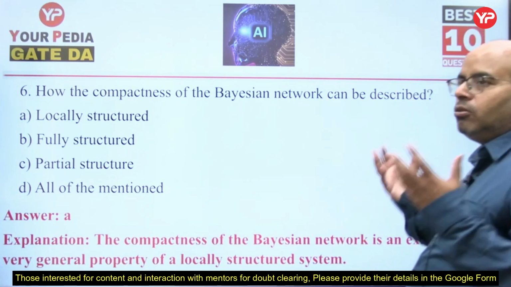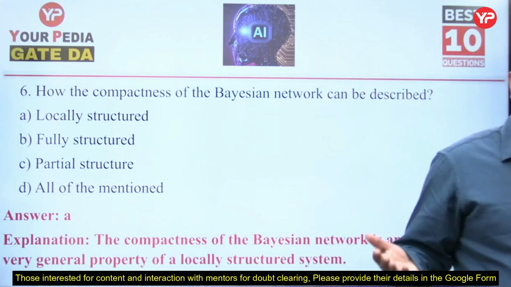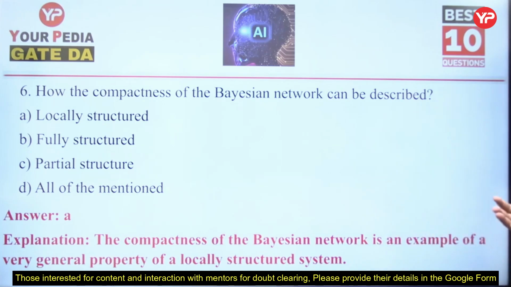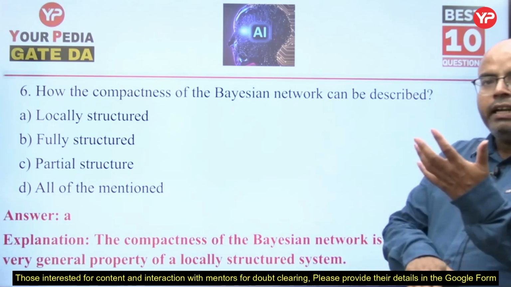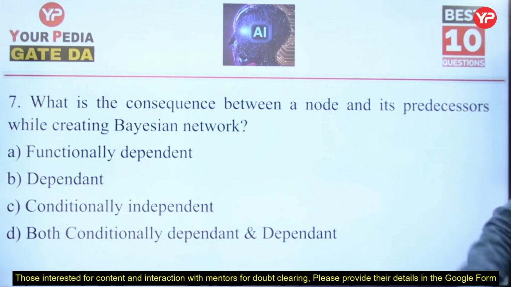That's how the Markov blanket says that a particular node is only dependent on its children, the parents of its children, and its parents. Only these three things. So it's a local affair.